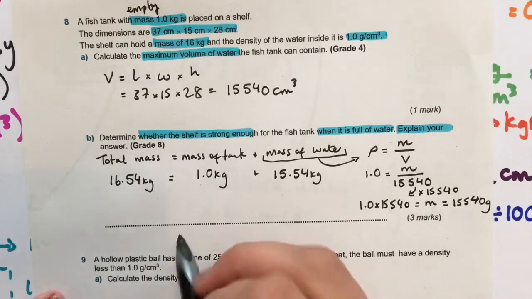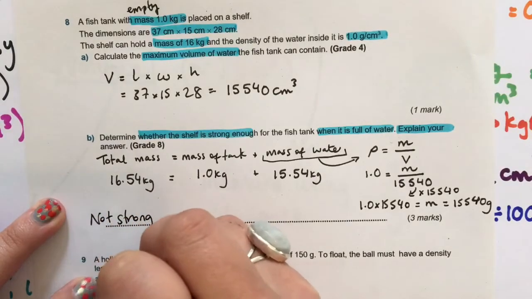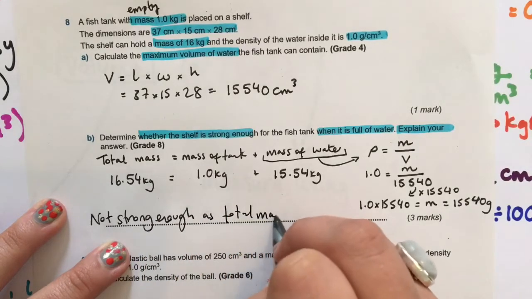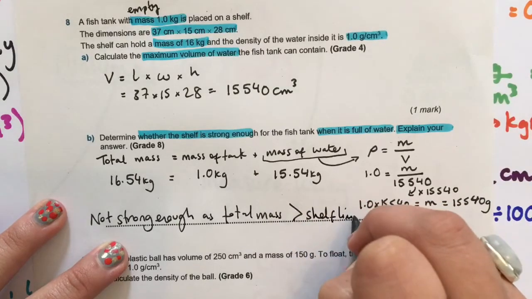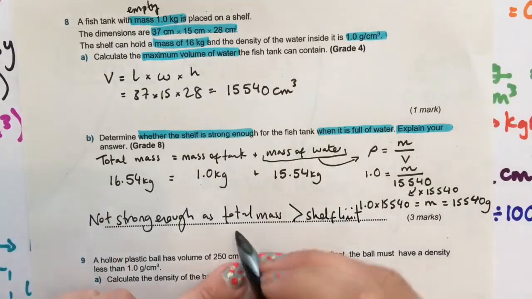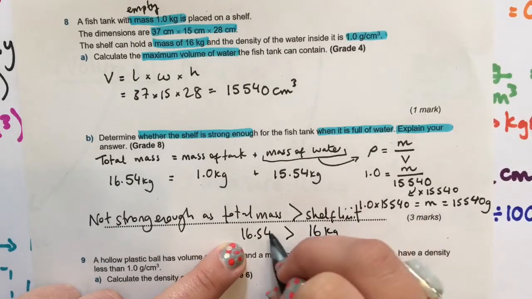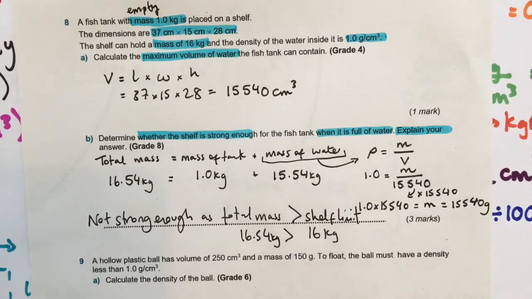So we need to say it is not strong enough as the total mass is greater than the shelf limit. We could even write under here 16.54 is greater than 16 kilograms. Don't be afraid of using greater than or less than symbols where appropriate in your exams. Your examiners are looking out for that sort of thing where it's appropriate.